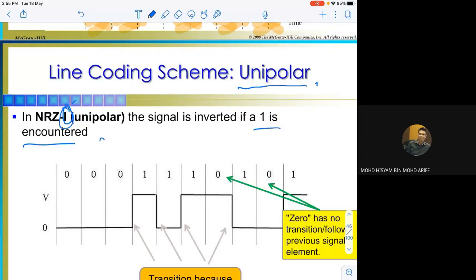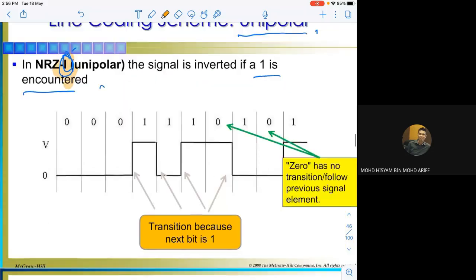This one unipolar, the same unipolar tapi dia ada I. Tengok sini ada I. Kalau ada I, what happen? Inverted if 1 is encountered. Maksud dia kalau bit 0, no change. The first one tak ada masalah. But when you meet, contoh 1 bertemu dengan 1, dia akan change.